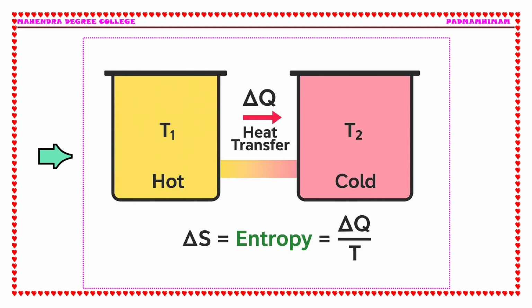The image shows heat transfer, meaning heat ΔQ naturally flows from a region of higher temperature T1 (hot) to a region of lower temperature T2 (cold). This spontaneous flow is a fundamental aspect of the second law of thermodynamics.